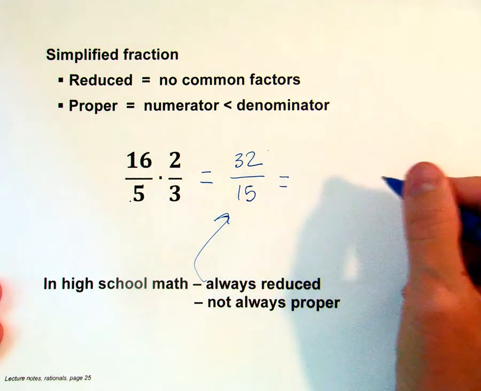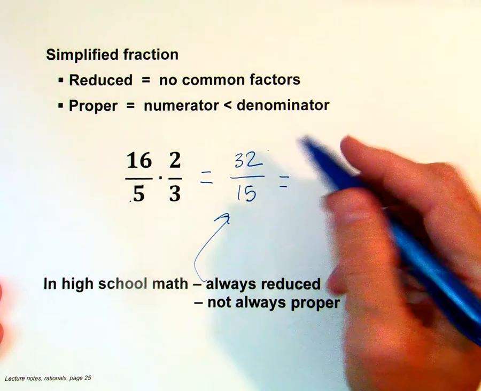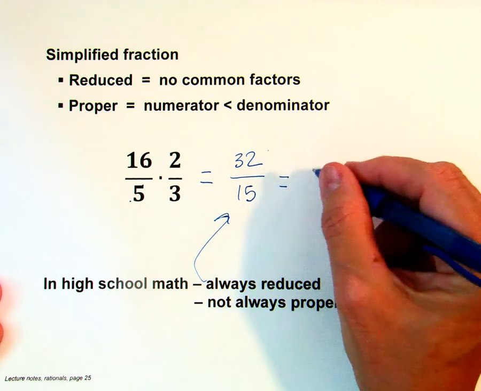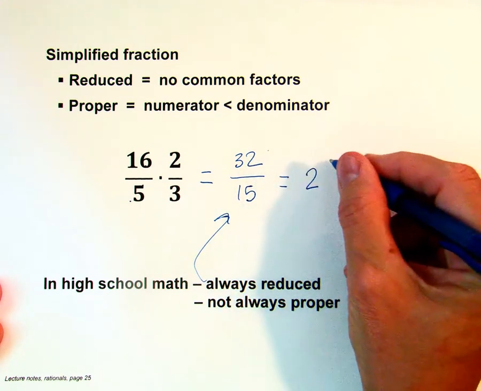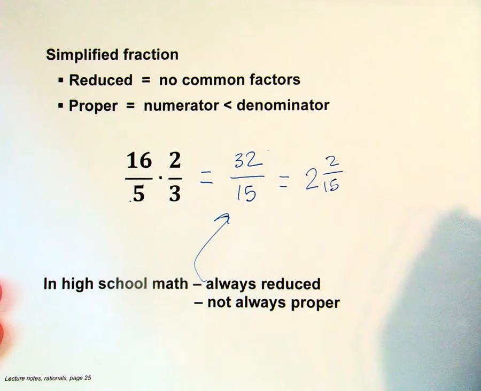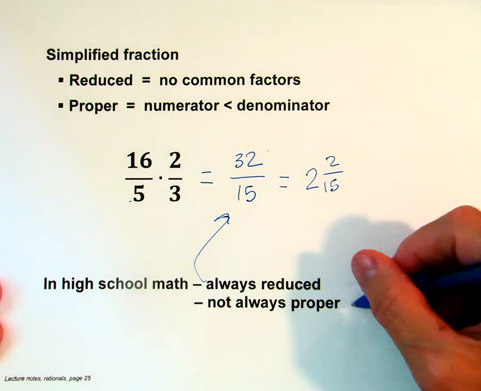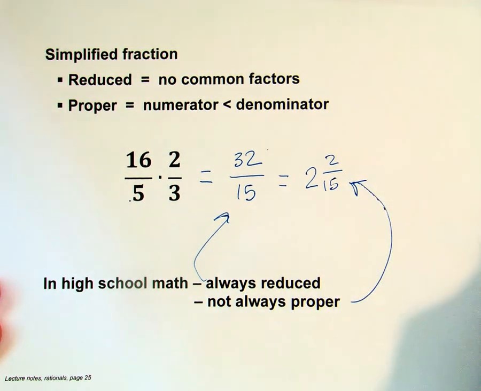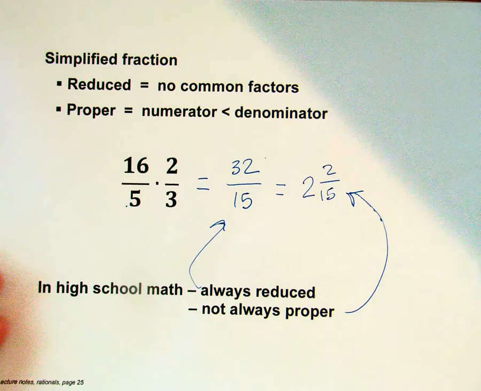Were you to want to make it proper, if you were asked to, it'd be how many 15s are in 32, which is 2, and there were 2 left over. So that would be proper as a mixed number. In high school, we rarely ask for you to make it proper, but if you're asked, you should make it proper.